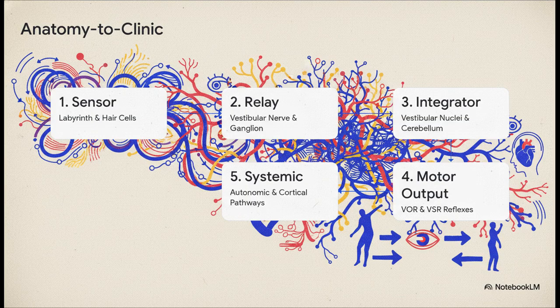We arrived at the great integrators, the vestibular nuclei and the cerebellum, where it's all processed. From there, we traced the motor outputs, right? The ones that drive our essential reflexes. And today, we finally connected it all to the systemic interface, the autonomic and cortical pathways that create our conscious perception of the world and our physical response to dizziness. It is a complete, beautiful, integrated system.